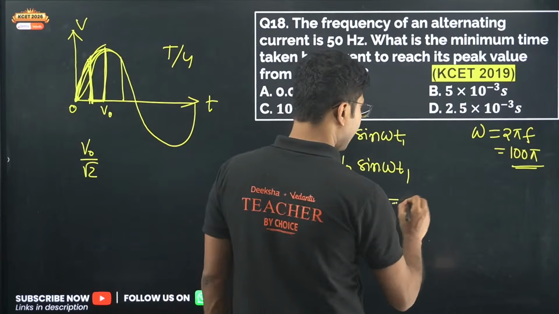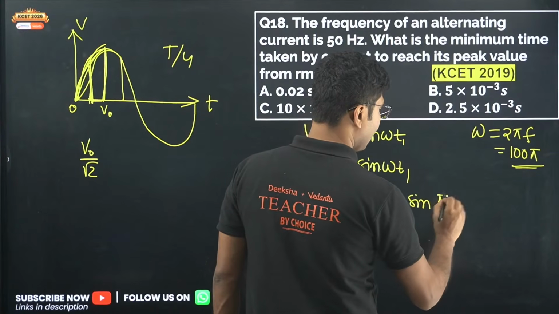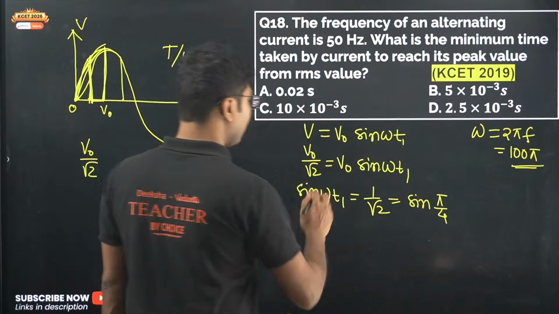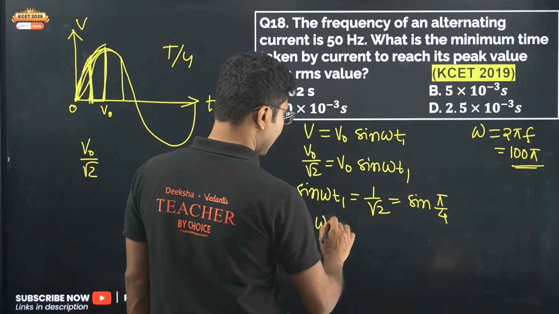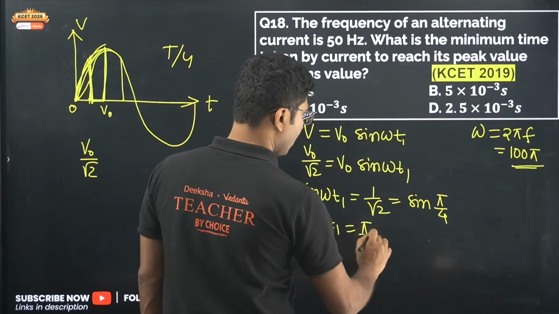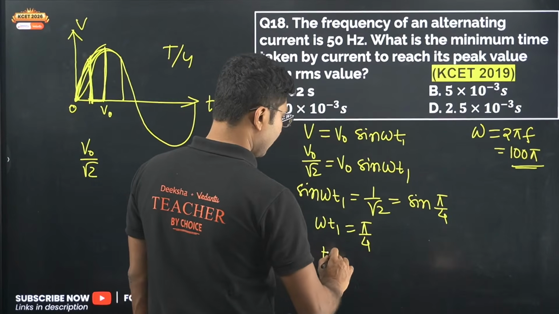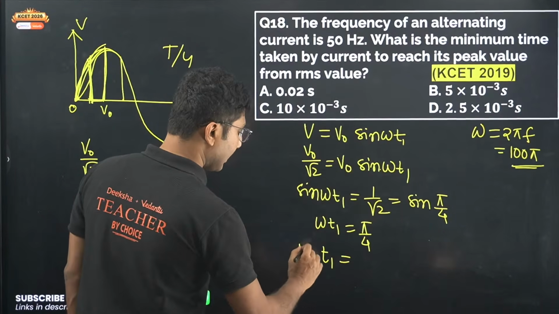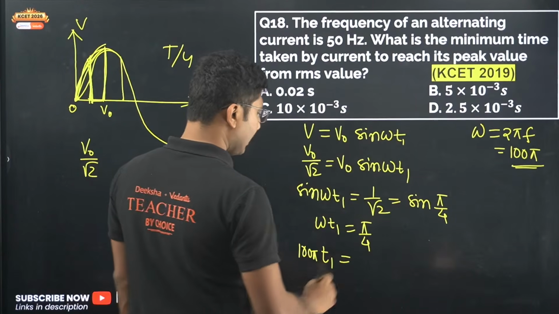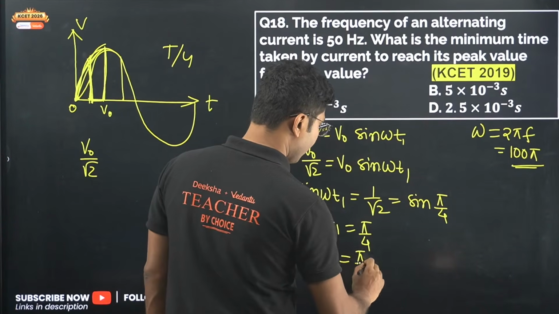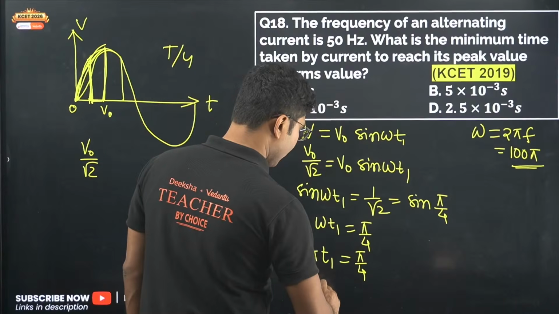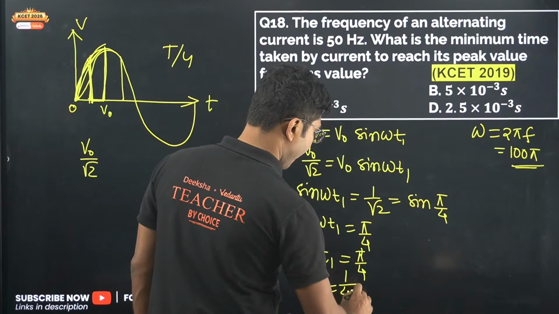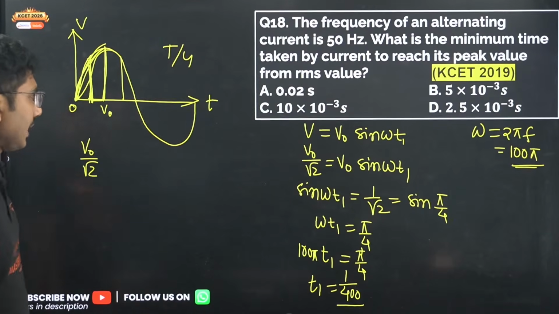It is sine pi by 4. So omega t1 equals pi by 4. Here omega is 100 pi, so 100 pi t1 equals pi by 4. So t1 equals, pi cancels, 1 upon 400. This is t1.